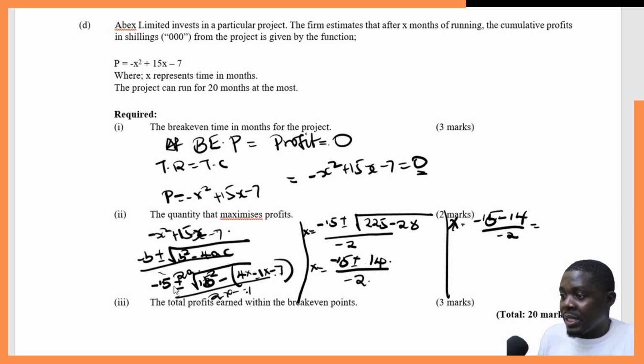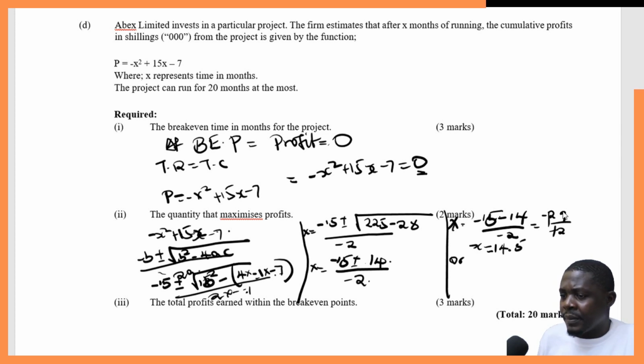Here we have this plus this is negative 29. Negative 29 divided by negative 2. X is equal to 14.5.